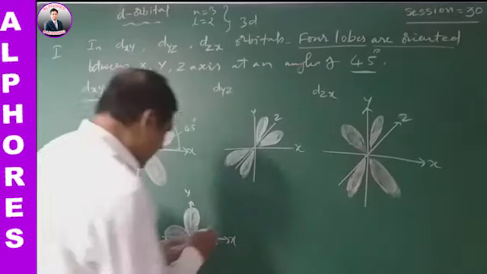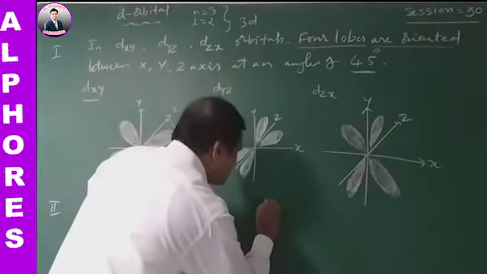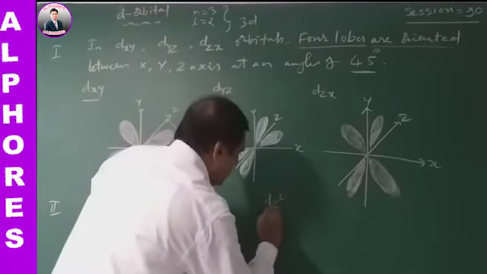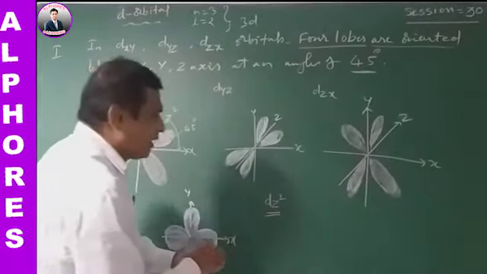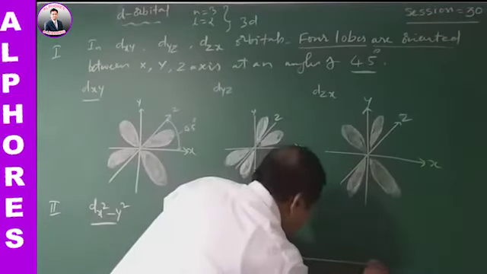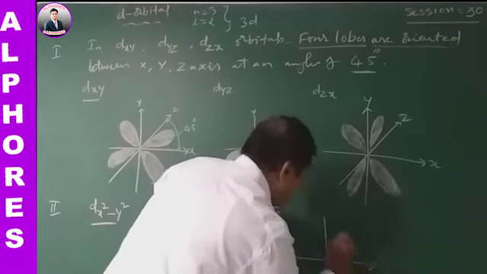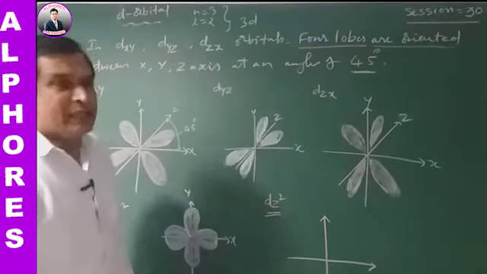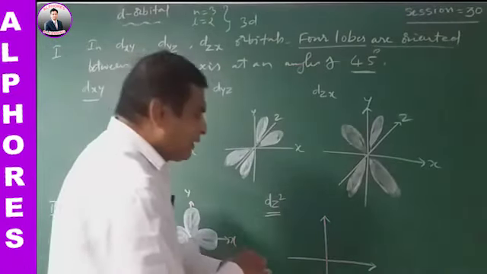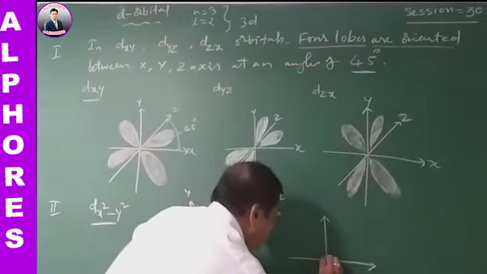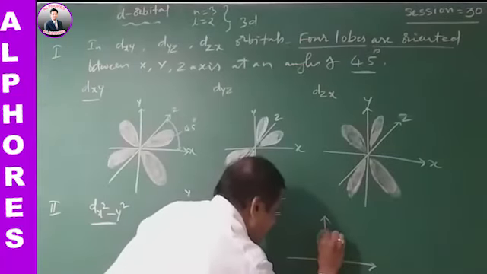Coming to the last one, the dz square orbital. In this dz square orbital the lobes are oriented along the z-axis. Be careful, it is a very interesting and important point. The dz square orbital is a peculiar orbital in which only two lobes are oriented along the z-axis.